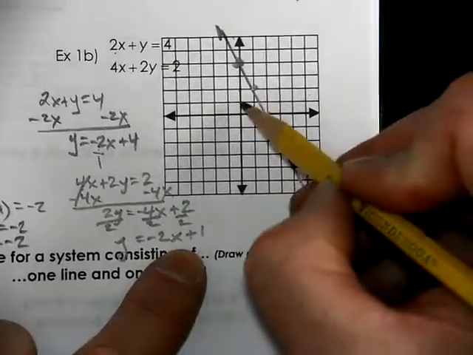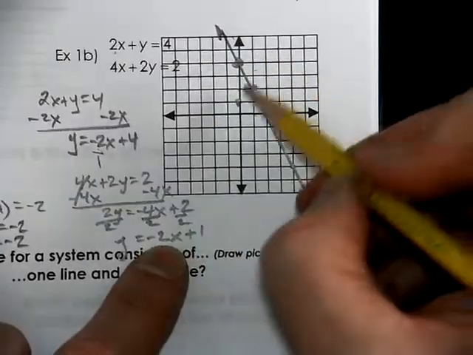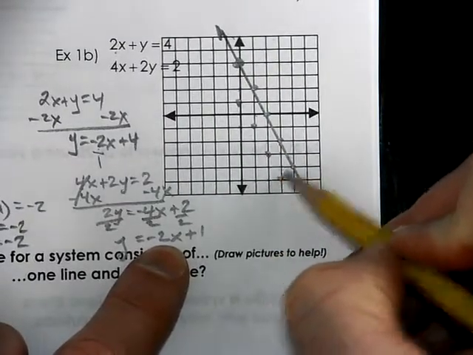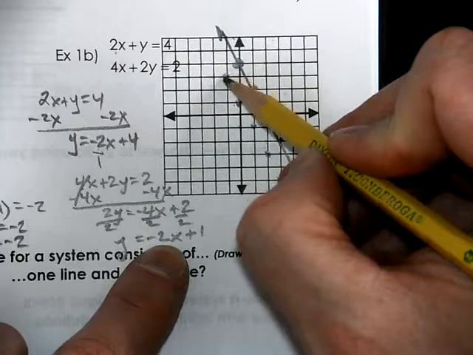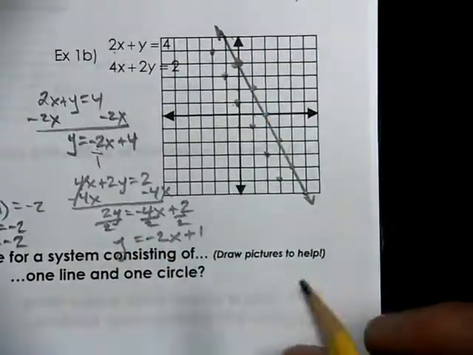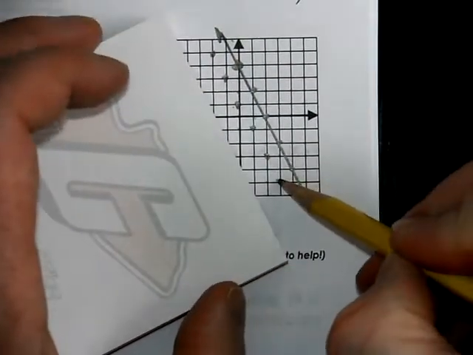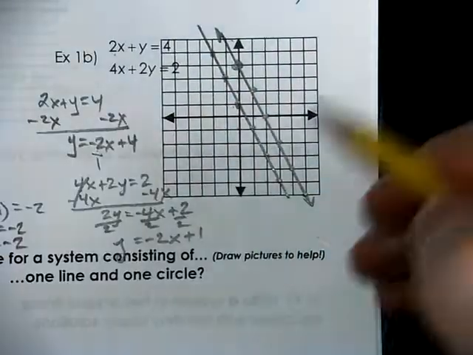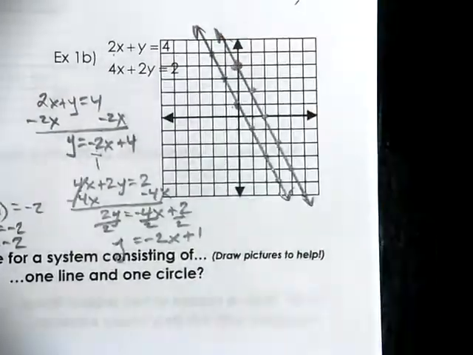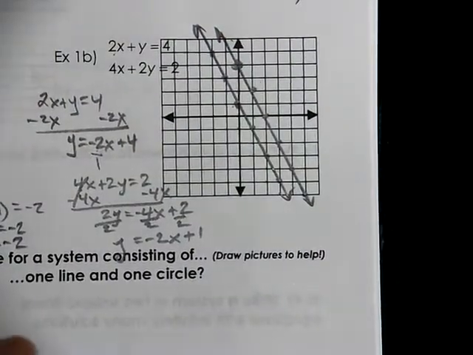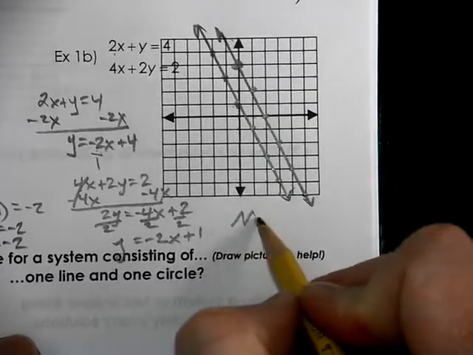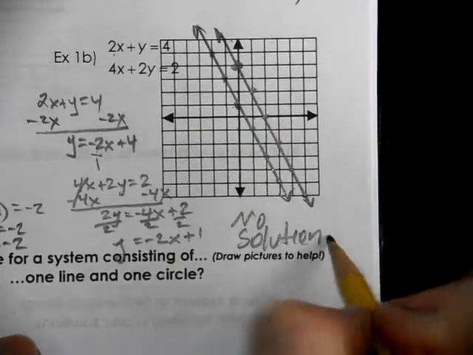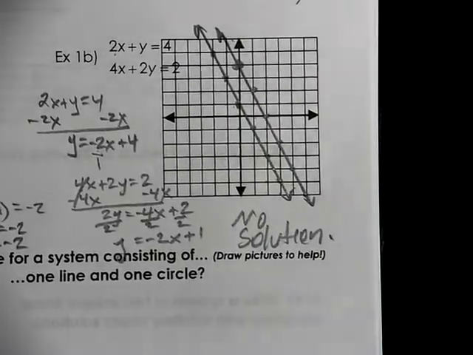Now we can go to our y-intercept of 1 and do a slope of negative 2 over 1. Connect those. And we notice that the lines do not intersect. They have the same slope. We have no solution.